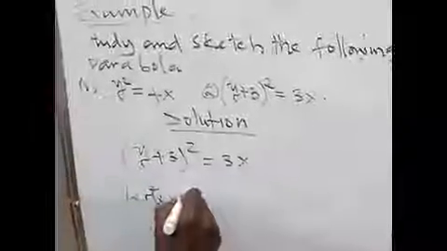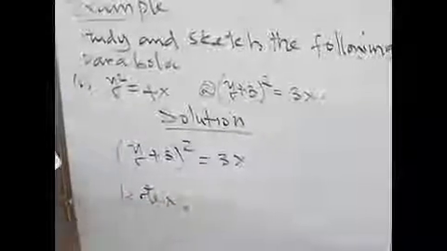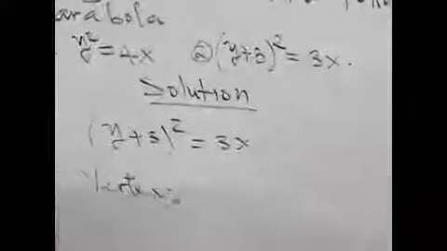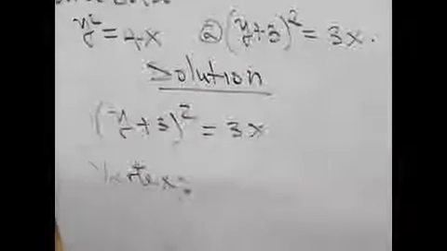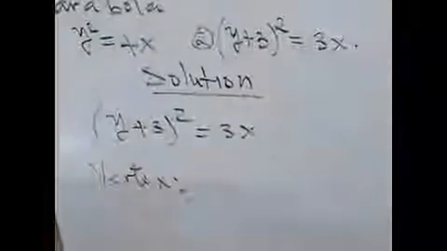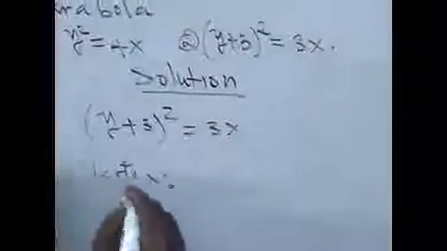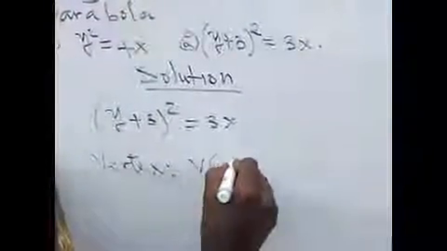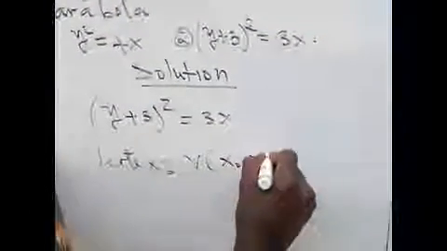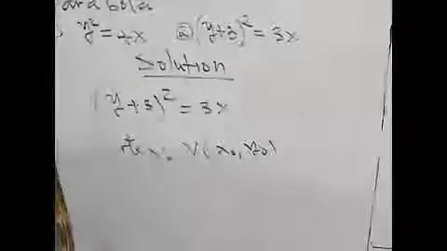The vertex is normally given as V into x naught, y naught. So we are going to compare this parabola with the standard parabola.